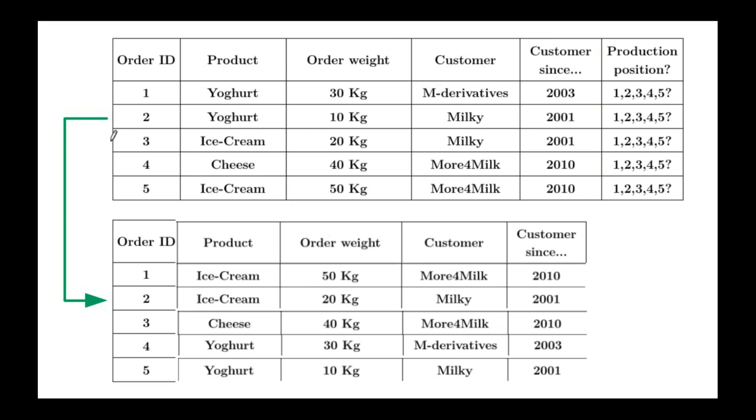So this final slide shows the solution. If we apply this algorithm, we will get as a result that, as you can see, we change the customers. So more for milk must wait until this moment, because both orders are not consecutive.